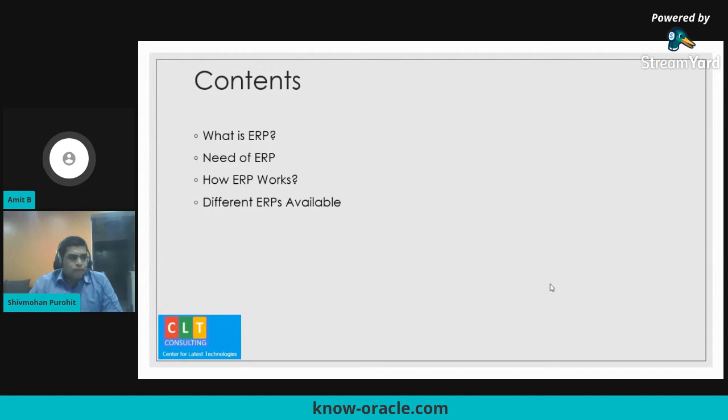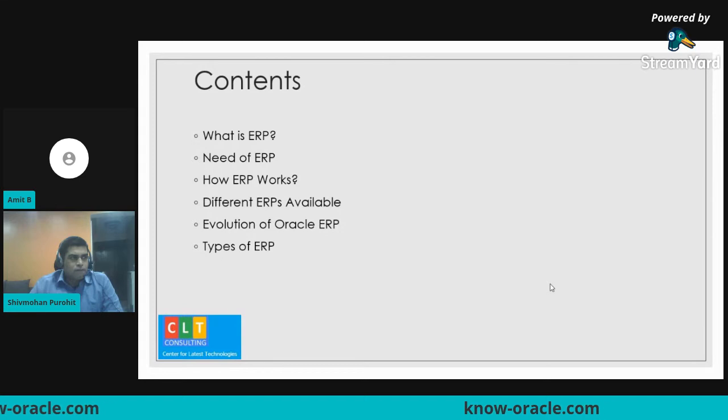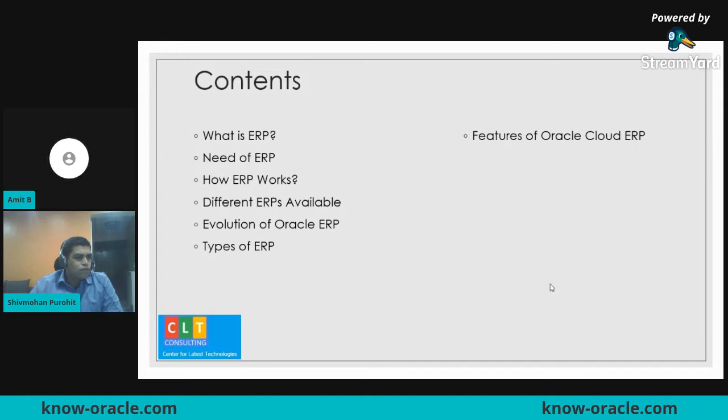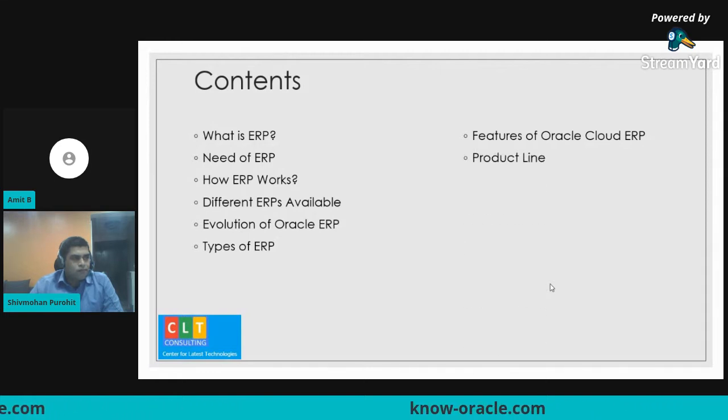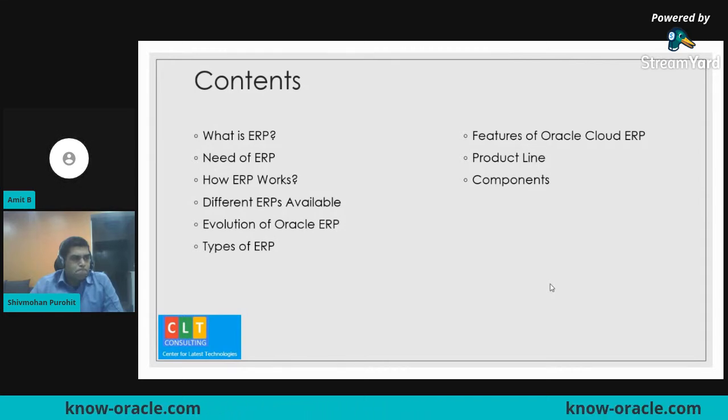Different ERPs available in the market, evolution of Oracle ERP, types of ERP, the installation types of ERP, features of Cloud ERP, what are the different product lines offered by Oracle Cloud ERP, and the main components of Oracle Cloud ERP.